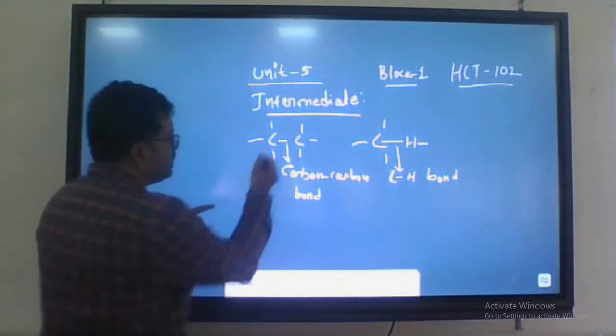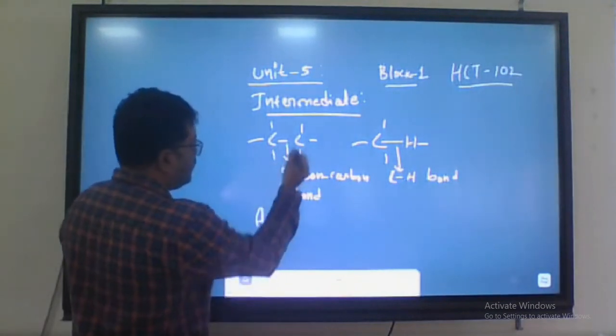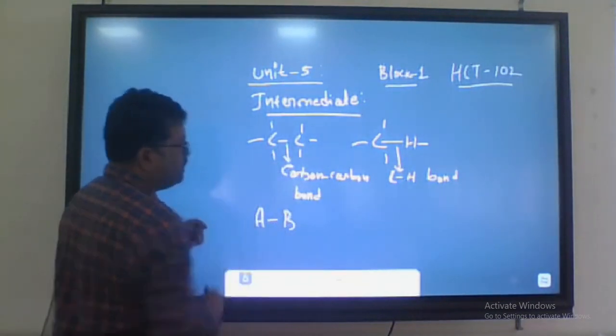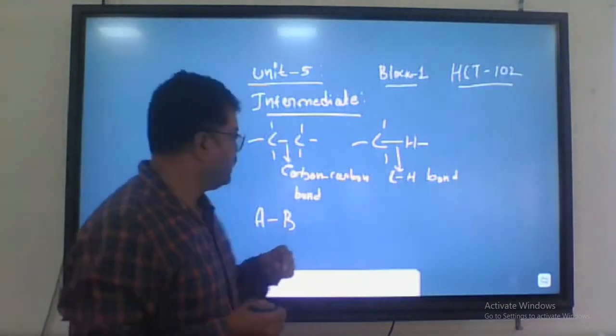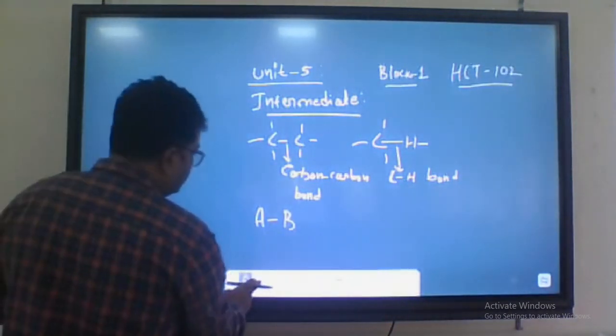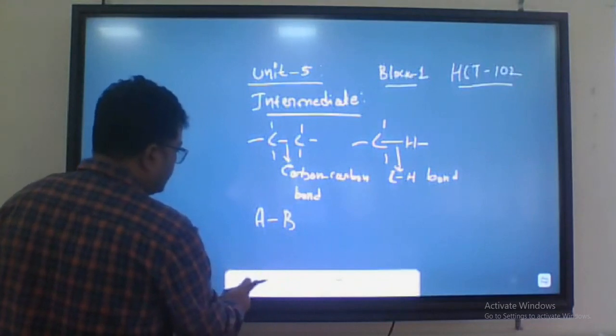Here, if you take this one carbon as A and this one carbon as B, AB, there are two types of cleavages.